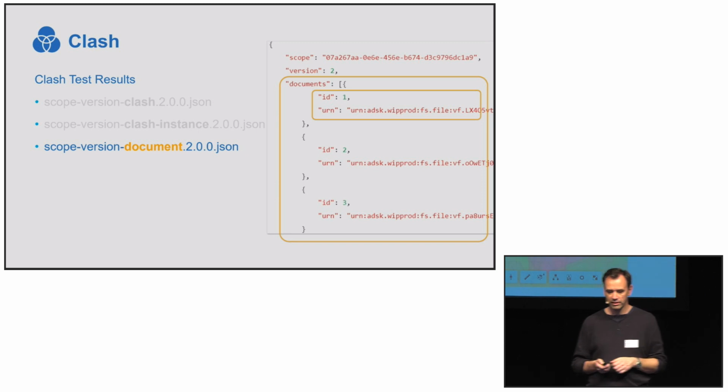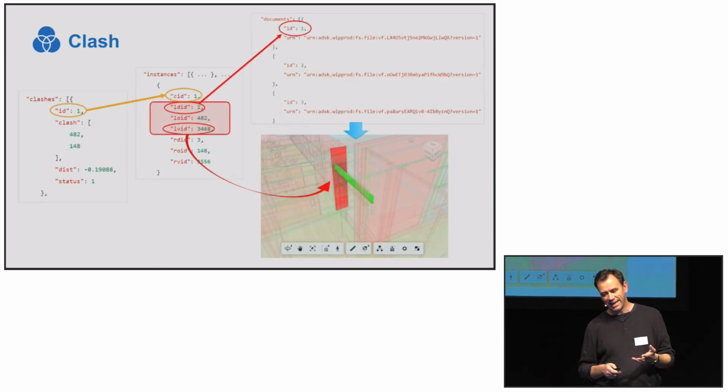Putting it all together, you can see that for a given clash with ID 1, I can see that the red object in the diagram in the bottom right-hand corner, which you would see in LMV, has a viewable ID of 3468, and I can find the particular document that that refers to.